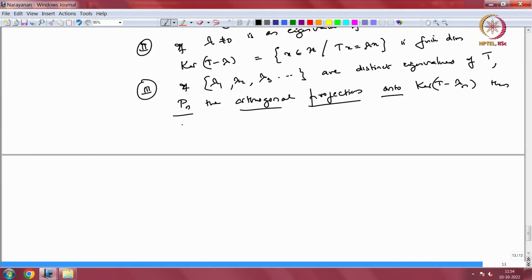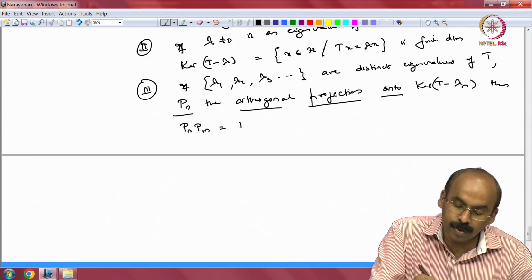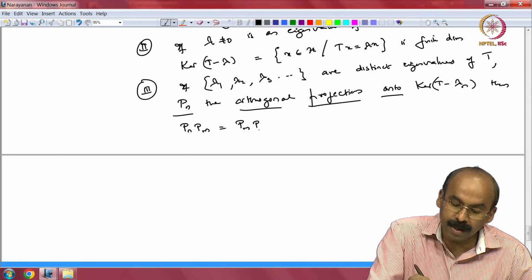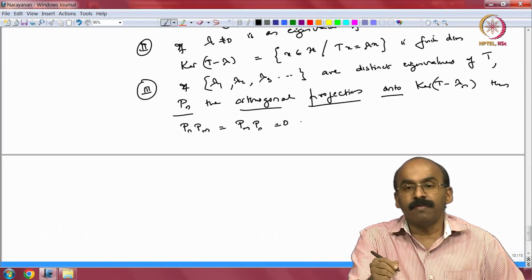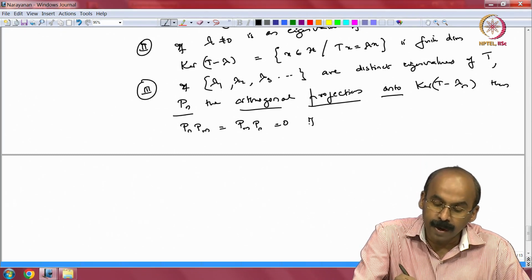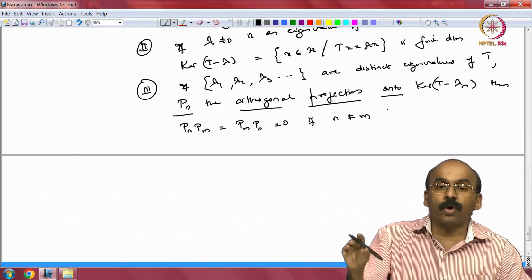Then the Pn's are orthogonal to each other, that means Pn Pm equal to Pm Pn equal to 0 if n is not equal to m, because they project onto orthogonal subspaces.